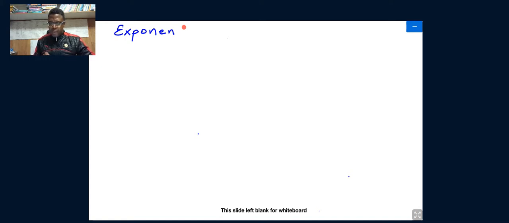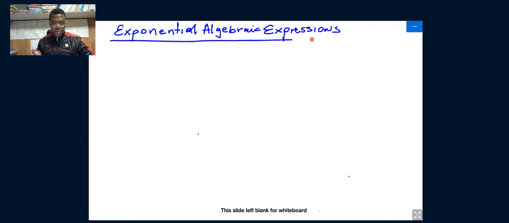Now, exponential algebraic expressions. What is it that we are doing here? What are we doing?